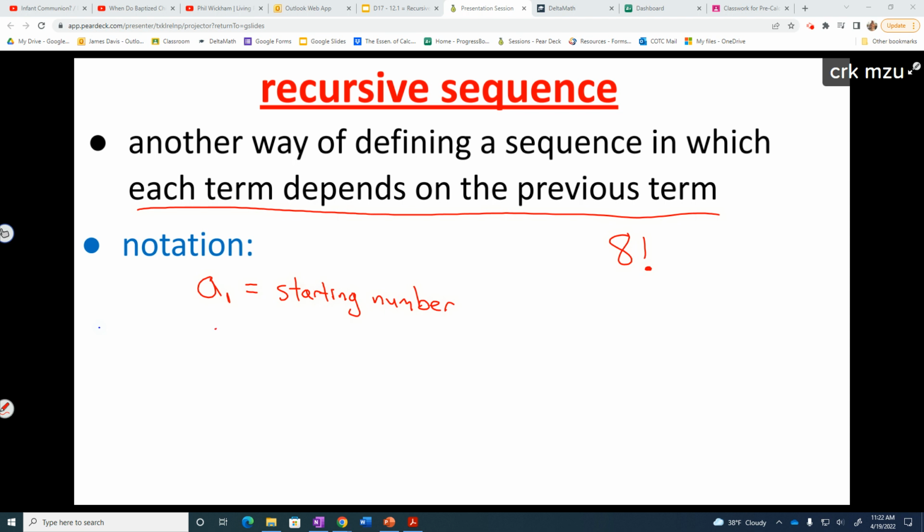Then we're going to have a sub n like we had before. That's our current term, the current term we're trying to find. You could say the nth term is another way of saying this.